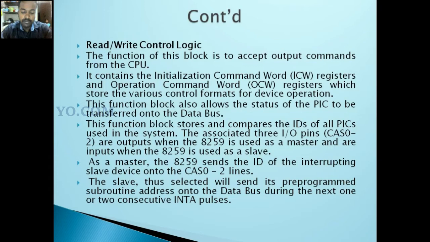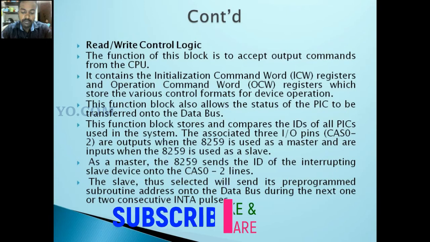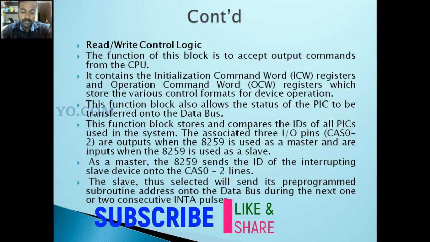These wires are connected to the system bus and are used by the microprocessor to write and read the internal registers of the 8259. Then A0. This pin acts in conjunction with the read and write signals. It is used by the 8259 to specify various command words. The microprocessor writes the status and the microprocessor wishes to read.